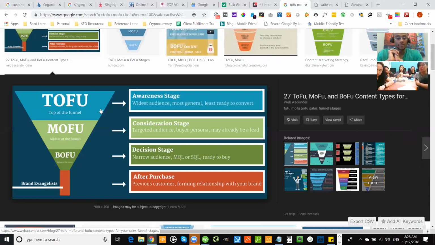At the top of the funnel, someone might know they have an interest in photography, and they're looking to teach themselves. They're not ready to work with an expert. They're just looking for some general advice on how to take better pictures. That would be your awareness stage. Top of funnel is called your awareness stage. Now, let's say they've tried taking pictures for a year or so.